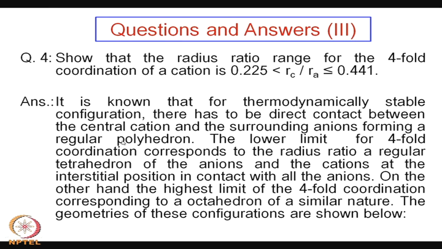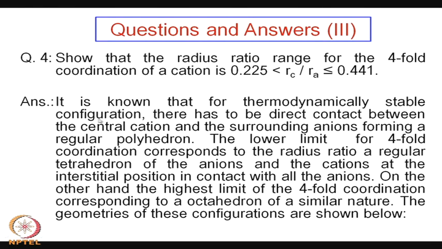If it is smaller than the interstitial site, it is not a stable configuration. It can be slightly larger, so that the anions can be pushed apart a little bit, then also it is stable. But beyond a certain point, once again it is not stable, it goes to the next higher coordination that we have discussed in our earlier classes. Okay. So, this is what we are trying to consider and mention here.